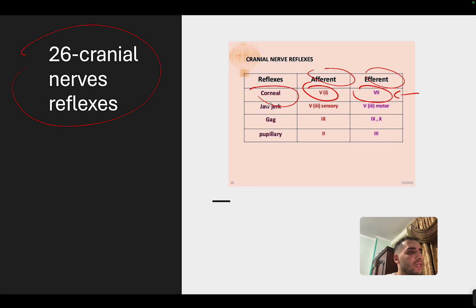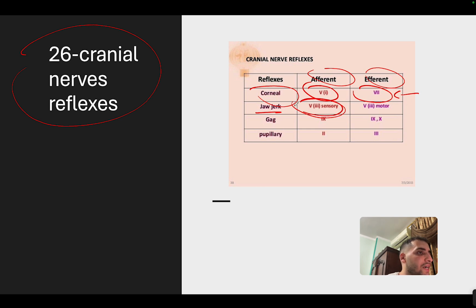Okay. The jaw jerk. Here is the thing. In the jaw jerk, you would tap on the jaw, and the jaw can open or deviate. Now here's the thing. You tap, again, sensation. So we know the afferent already, 5. Again, 5. Any sensation in the face would be 5. Now, when you open the jaw or move the jaw, this is muscles of mastication, which is 5, not 7. 7 is muscles of expression. 5 is muscles of mastication.